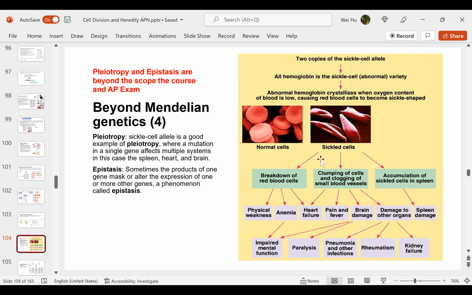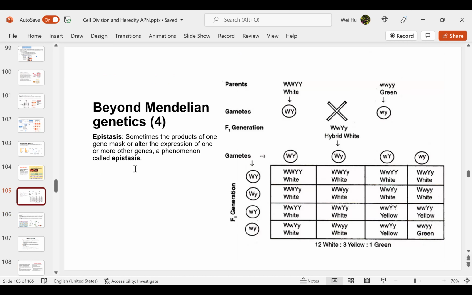So they actually have multiple symptoms. They also block your blood vessels. You have all these symptoms, but you only have one disease. This is the concept. Another concept is called epistasis. These are much more complicated. It means that the gene is not controlled by itself, it's controlled by another gene.